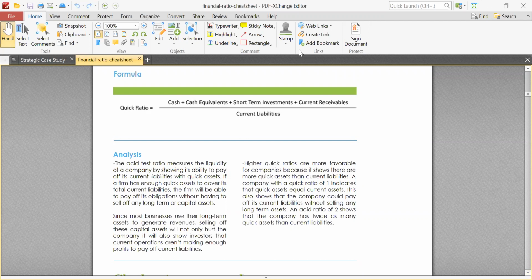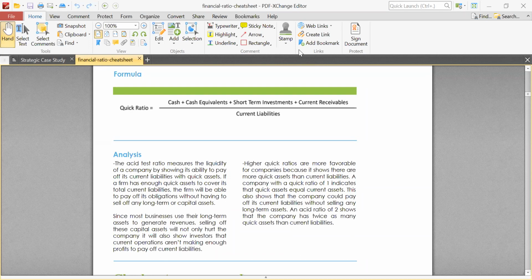So it's favorable. Let's say after you add cash equivalents, short-term investments, and current receivables, you have 5,000 Ghana cedis. Then your current liabilities are 1,000. It means that you have a quick ratio of 5 times, which means that you have enough quick assets to pay 5 times your current liabilities.